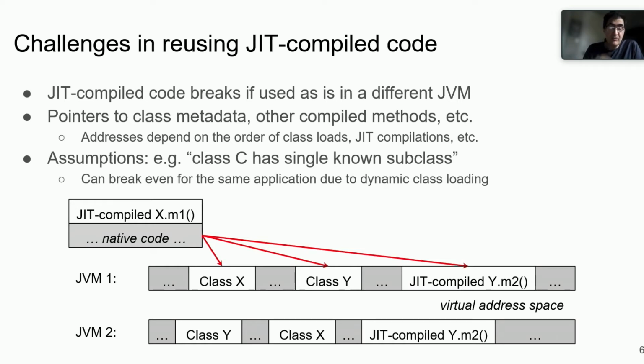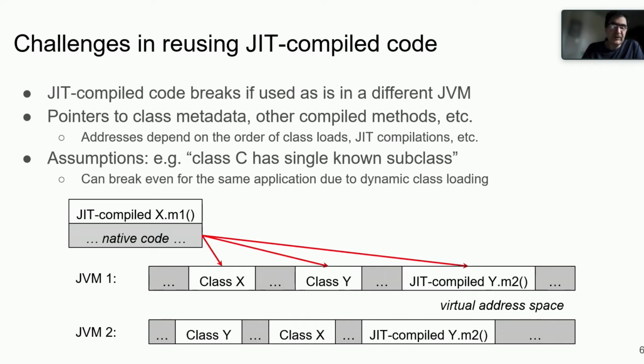First, the compiled body typically refers to other classes, methods, or other internal data structures through pointers. And these data structures can be loaded at different addresses in new JVMs, as shown in the figure below. So we need to fix up those addresses before being able to use the cached compiled body. Hence, we need to have some relocation records to take care of those fix-ups. But it gets more complicated.